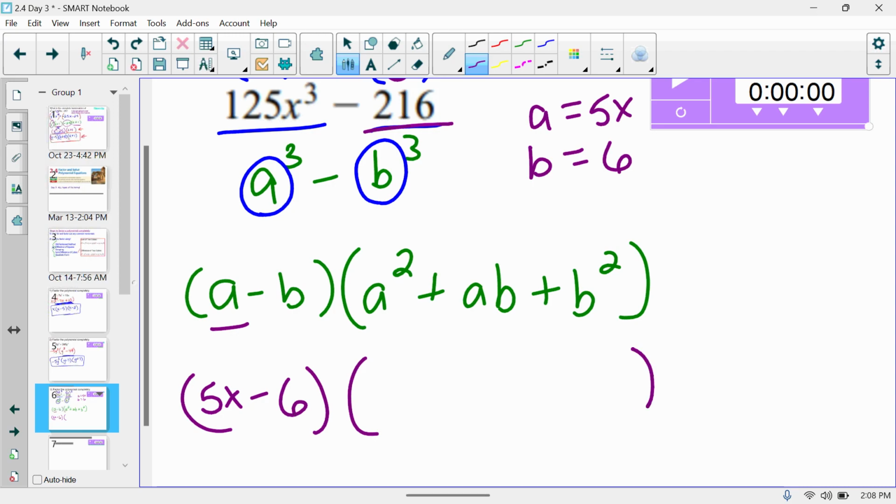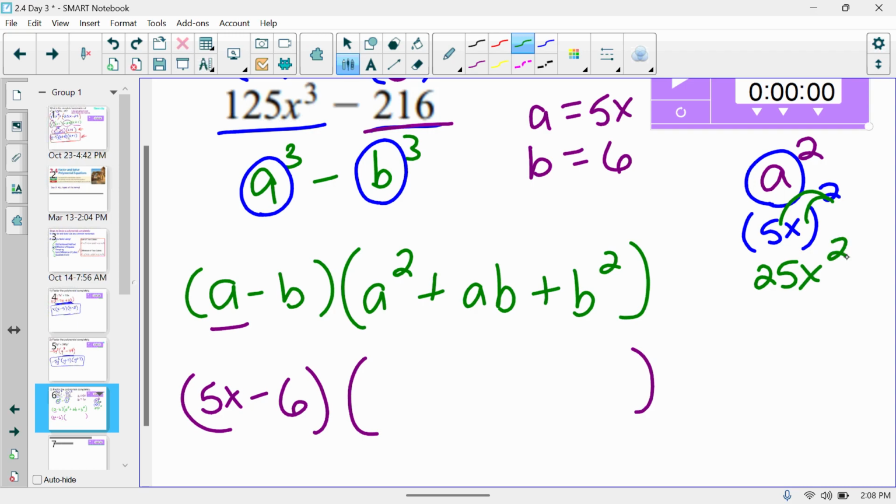That's it. The second quantity gets a little bit harder because you have to think about A squared. Well, A is 5x. So you have to be careful that you're squaring the 5 and squaring the x. As I walked around, a lot of you wrote 5x squared. You didn't square the 5.